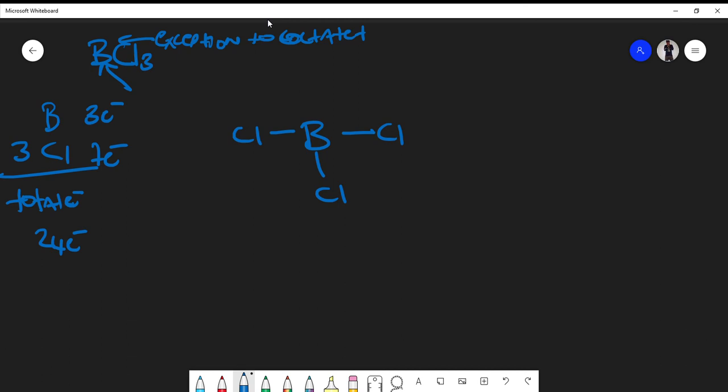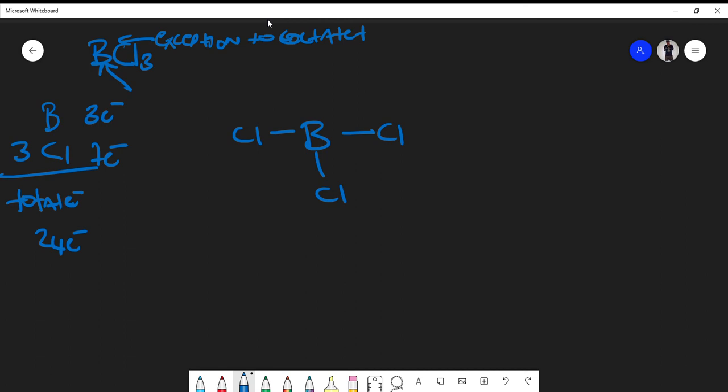Now, boron at this point is satisfied, and the reason we say it's satisfied is because it has 3 valence electrons, so it can only form 3 bonds, right? That means the maximum amount of electrons we should see around boron in a non-charged state should be 6 electrons total.